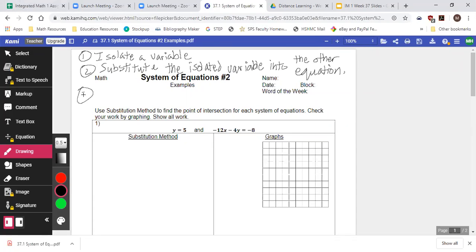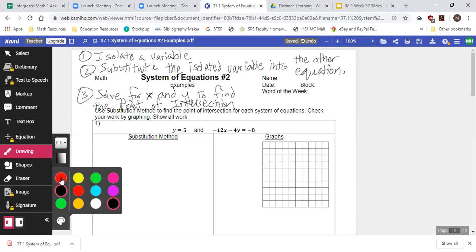And then step 3 is we solve for x and y to find the point of intersection. So isolate the variable first, then substitute the isolated variable into the other equation, and then solve for x and y to find the point of intersection. I said a lot, so now I'm going to show that through examples.